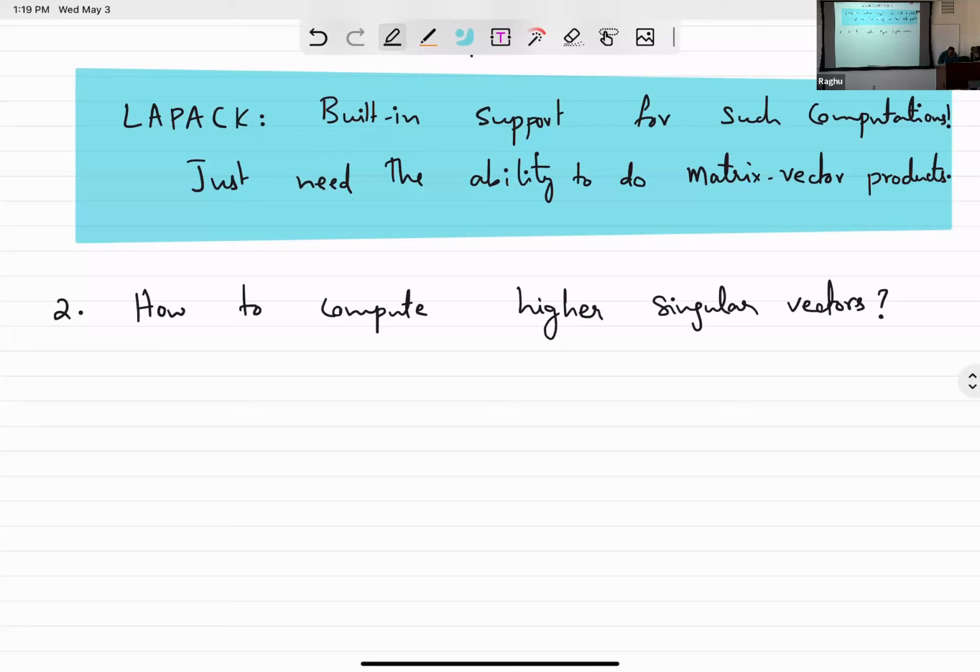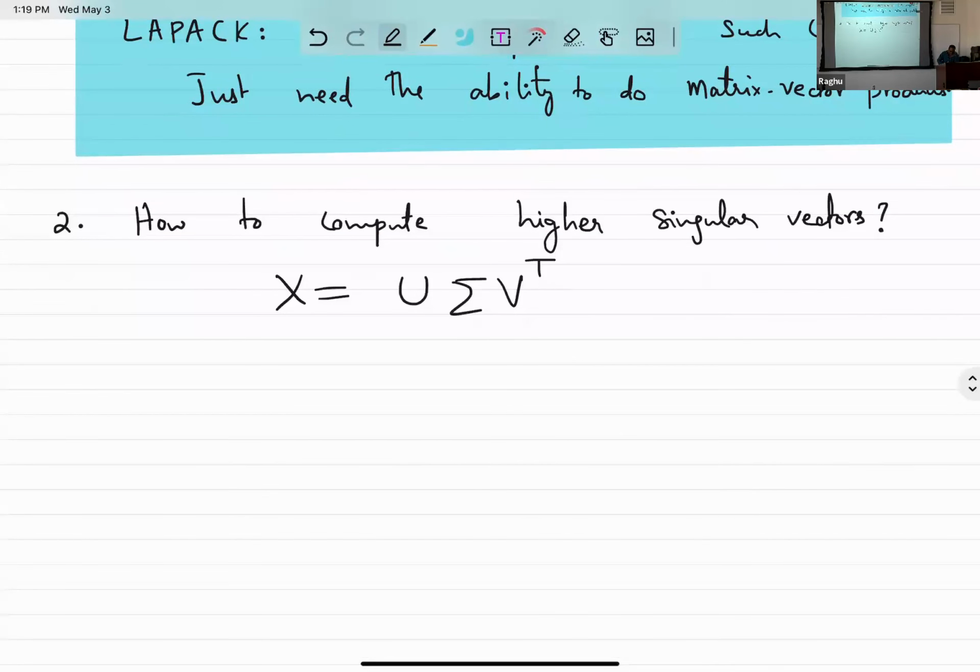One is more theoretically grounded, but the other one is, I mean, both are well grounded in theory, but one is easier to analyze but less efficient in practice. The other one requires a bit more analysis to prove, but is more efficient in practice. So let's go back to the singular value decomposition. We said we have something like this.